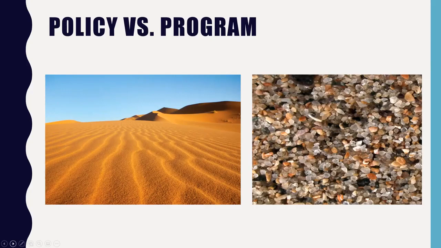Of course, you're going to have policies of varying length and complexity, as the British Library preservation policy reading for this week noted, but typically a program is going to be much lengthier and much more detailed and specific.